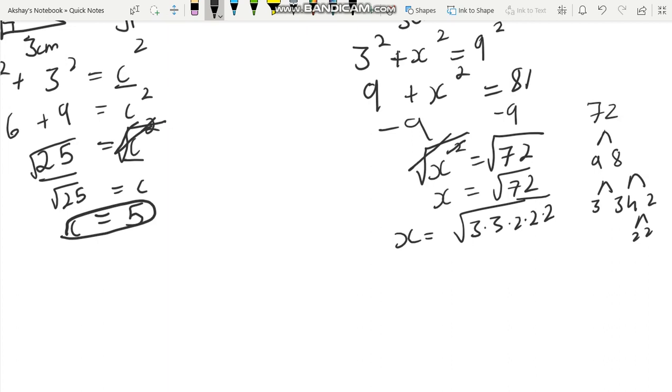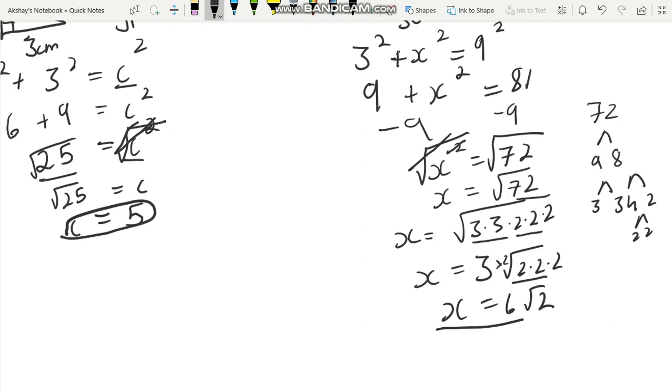Now when it's a pair, when you have two of the same number inside our radicals, we take them out. So we take out a singular 3 and are left with 3 2's inside. Again, we have our pair, we can take one out, times this by 2, so 6 root 2. That's completely simplified because 2 is a prime number, we cannot factor that.